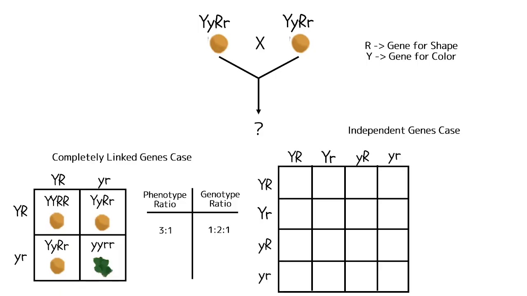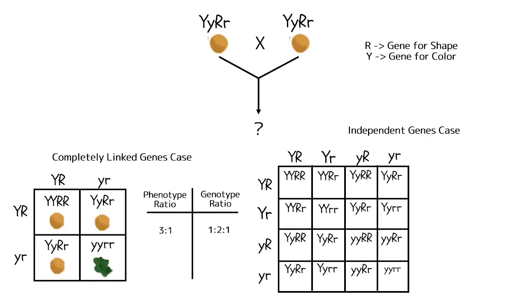But now let's discuss what happens if they pass on independently. Then we have 16 different offspring genotype variants and 4 independent gamete variations, because as you can see, it's not necessary for the dominant alleles to be linked together, and in each gamete there might be a dominant allele with a recessive allele.